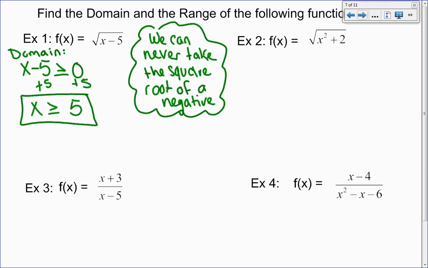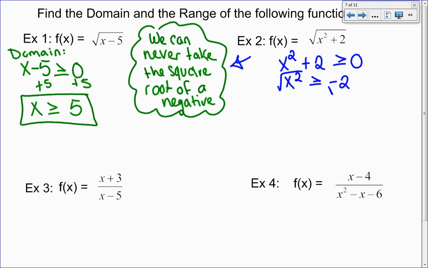Okay, so looking at the next example, again, we're going to think the same thing here. We can never take the square root of a negative number. And we just want to make sure that x squared plus 2 is greater than or equal to 0. If we subtract 2, we're going to have x squared is greater than or equal to -2.